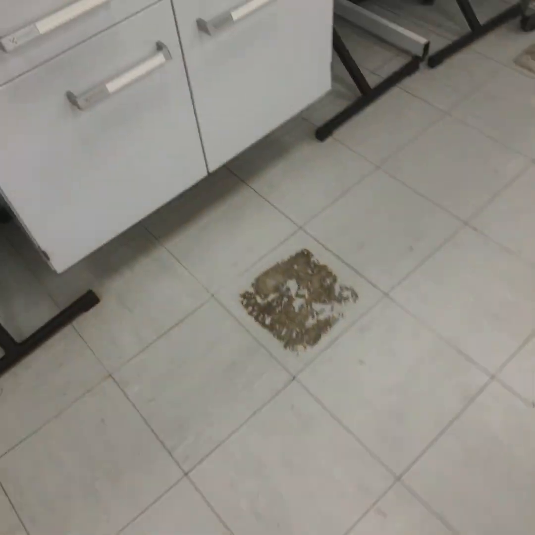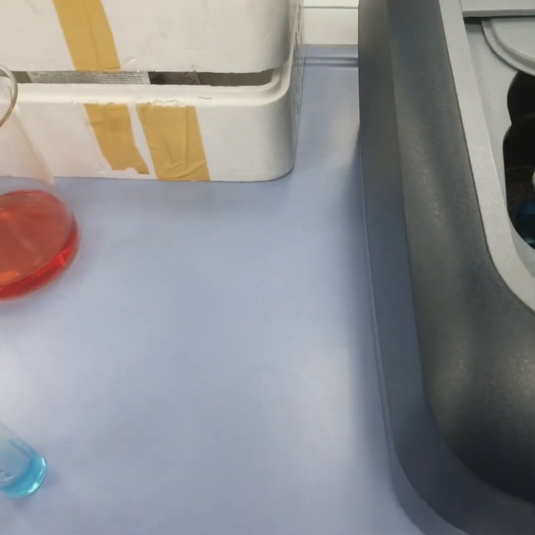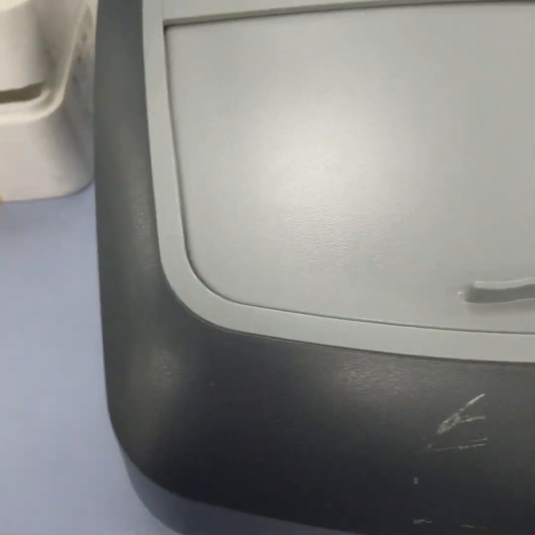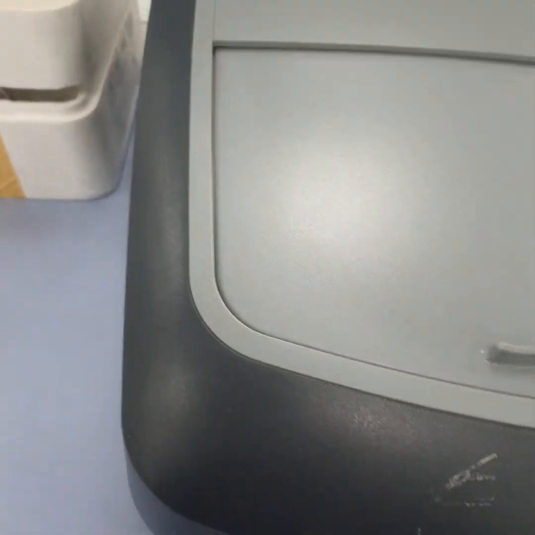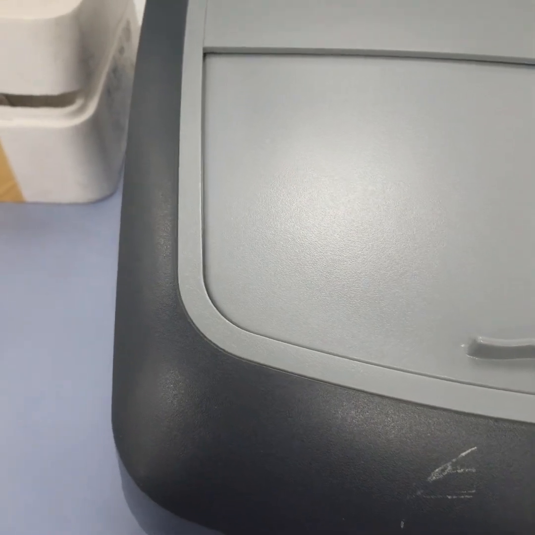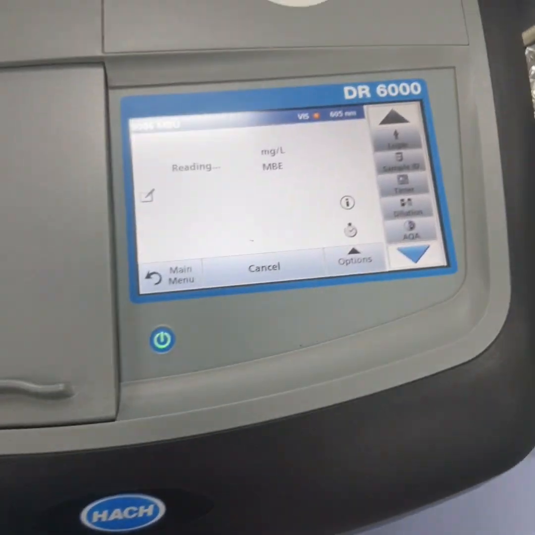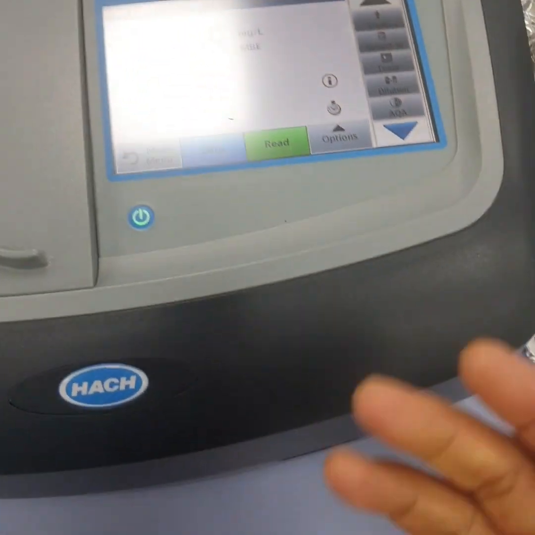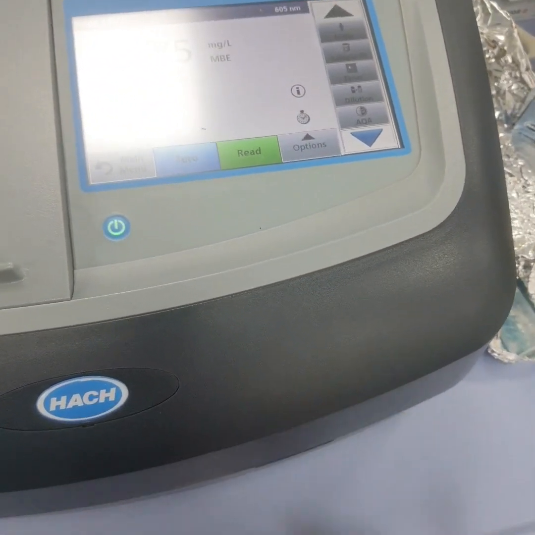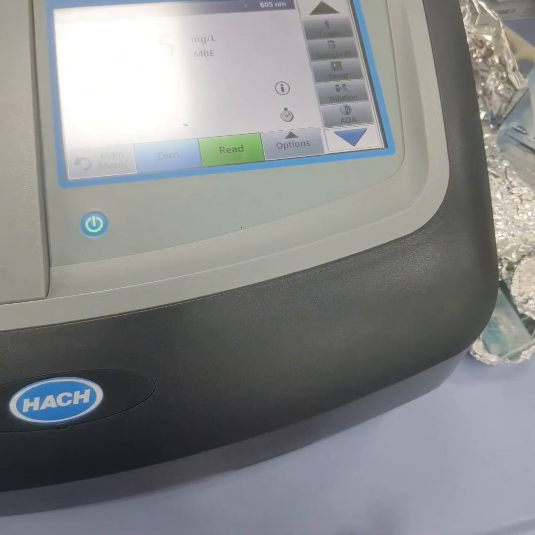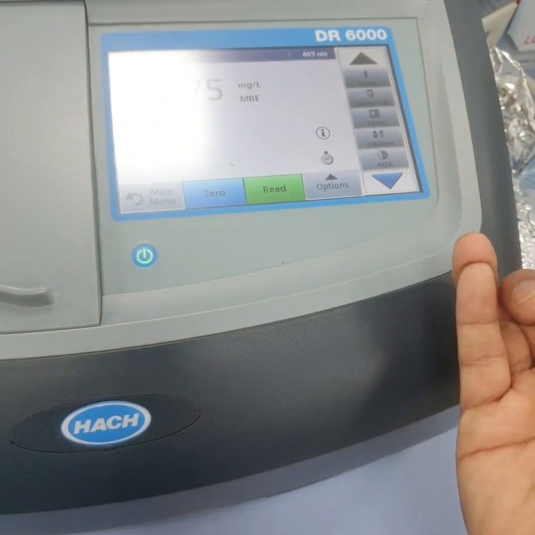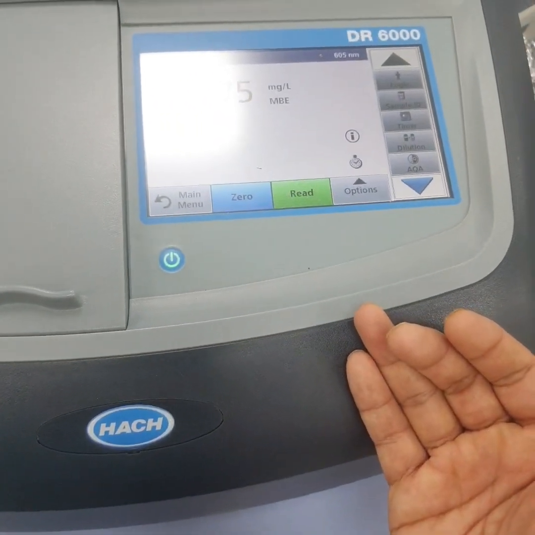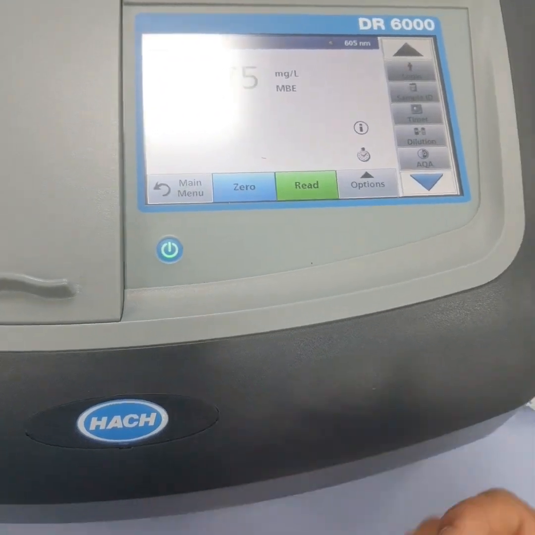Now this is my separated diluent, or you can say the dye. Now I am measuring the concentration of the dye. In the beginning it was around 6.184. Now it is drastically reduced to 2.675, which is a very high percentage. You can also calculate the percentage separation.